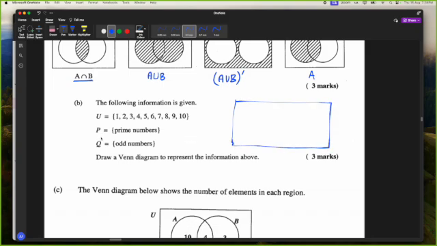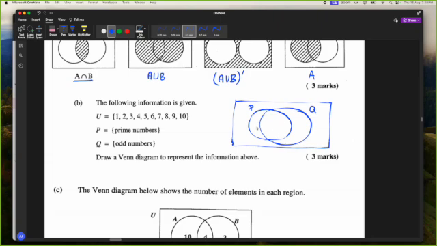And the odd numbers and the prime numbers will intersect. So I will have the prime numbers here, and I know that there will be an intersection with the odd numbers. And I know there'll be a big intersection because a lot of the prime numbers are odd, yeah?